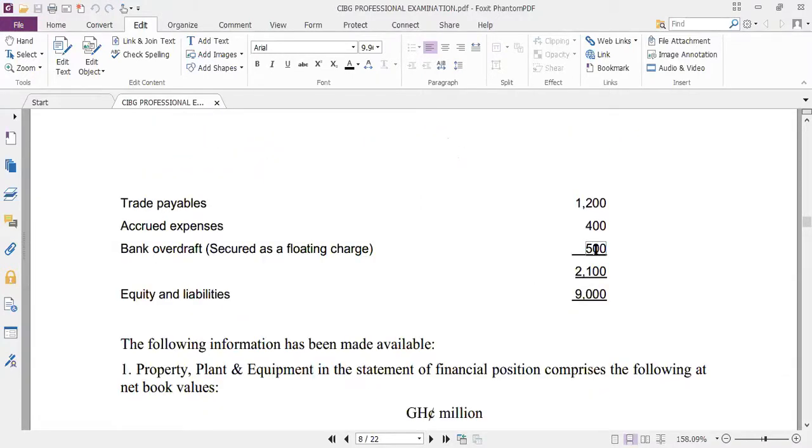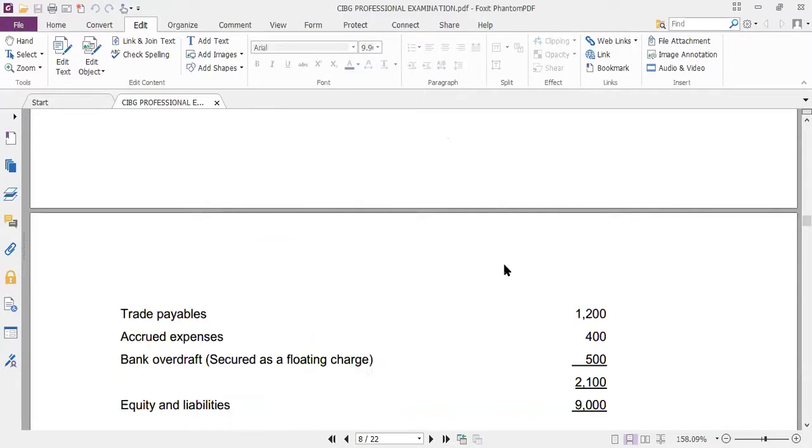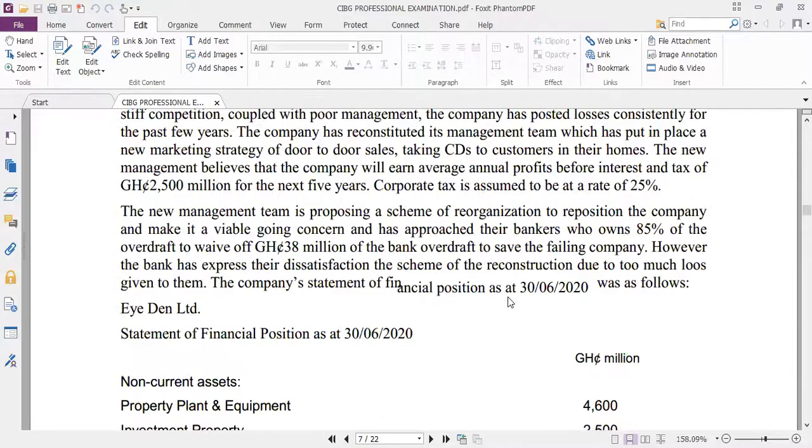So if they are owed 85%, that gives us 425 Ghana cedis. Out of that 425, the company is saying they should waive or cancel 38 because the company is failing. So the bank has run to you, but the bank does not understand capital reduction.